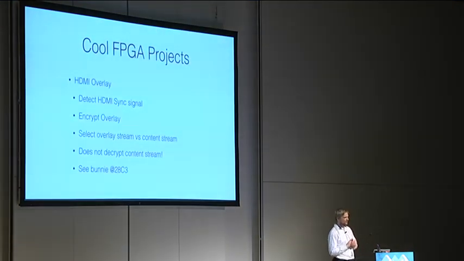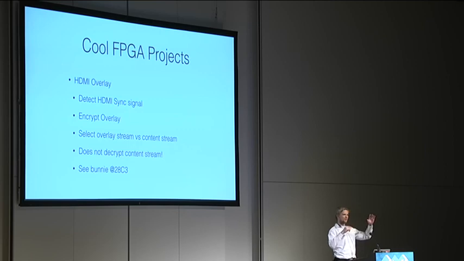Another very cool project was demoed like 2 years ago. I found that very cool because what Bunny did was he used an HDMI input signal, and he did not decode the signal itself, but he just synced up to the HDMI signal and put some encrypted overlay into the stream itself.